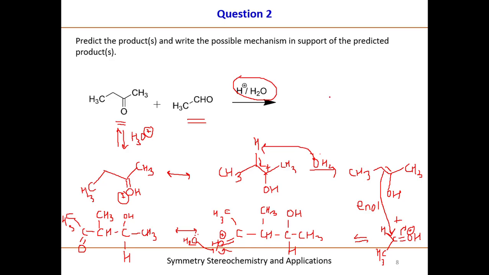So in this form, if we write here, this is our CH3 carbonyl. Okay, I will write in the simplest way, not this way.